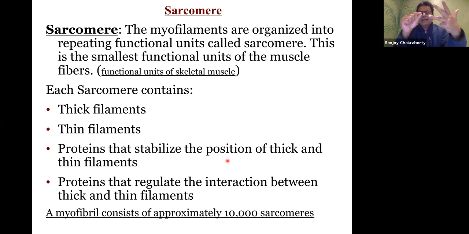Obviously thick and thin filaments, then a group of proteins that make sure their positioning is right, that is structural, and a group of proteins that make sure their interaction is accurate. That together is a sarcomere. And sarcomere is the functional unit of skeletal muscle, because if you understand how each sarcomere contracts, then you will understand how the whole muscle cell contracts.